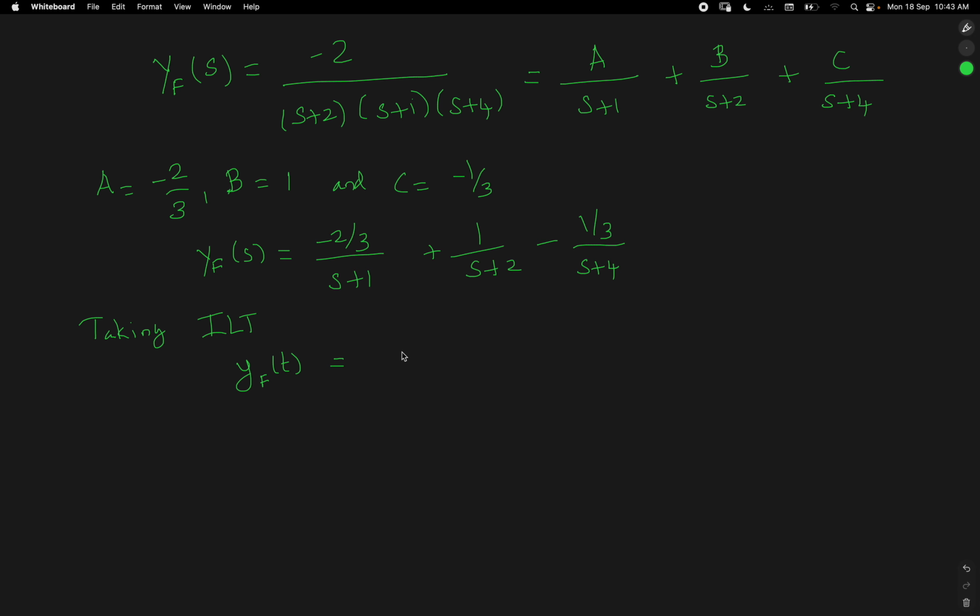Here this resembles the formula: inverse Laplace transform of 1/(s + a) equals e^(−at) u(t). We are assuming this is a causal system. In most cases they will mention that a causal system is described with the differential equation like that.